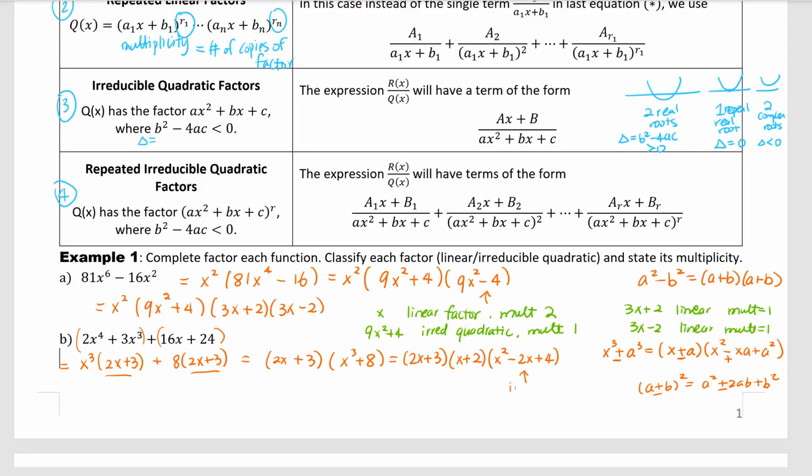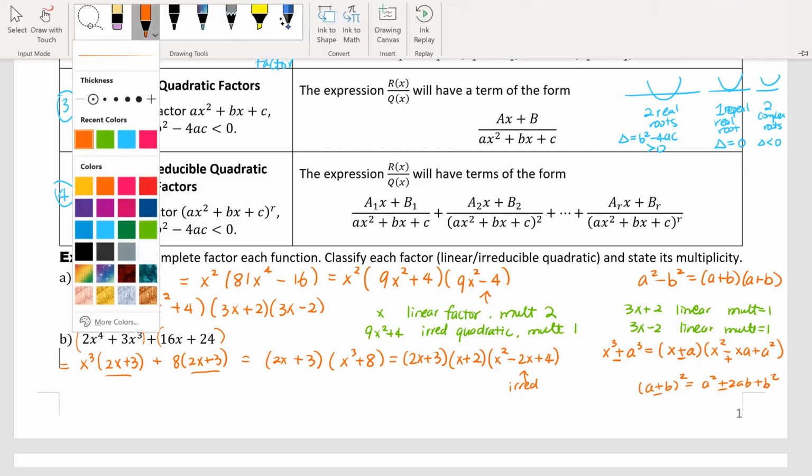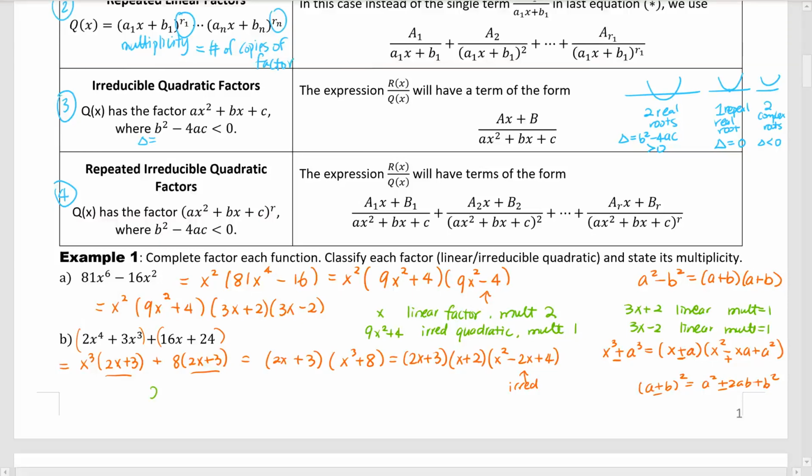So that's why we can write down our answer. 2x plus 3 is a linear factor with multiplicity 1. x plus 2 is a linear factor with multiplicity 1, and x squared minus 2x plus 4 is an irreducible quadratic with multiplicity 1. So far, so good, everybody.